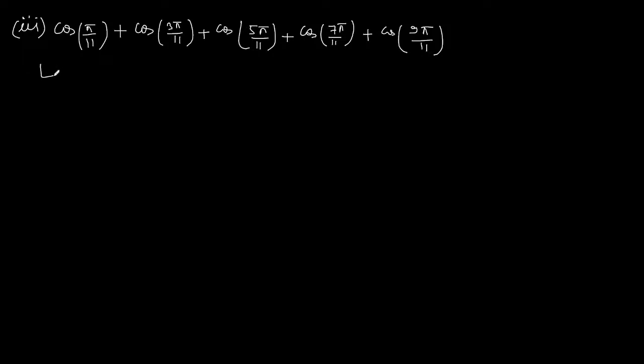So if you consider alpha is equal to pi by 11, we are mapping this question to the formula. Beta is 2 pi by 11 and small n is 1, 2, 3, 4, 5. If you see, the difference is 2 pi by 11 in every term. So we have 5 terms.